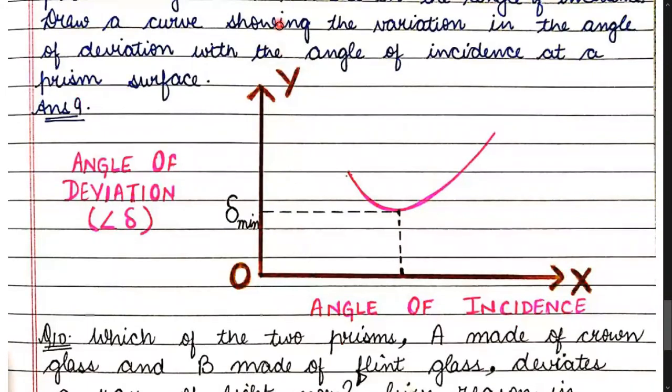So first step, children, whenever you are drawing a graph, make sure you are writing X, that stands for x-axis, Y, that stands for y-axis, and origin.